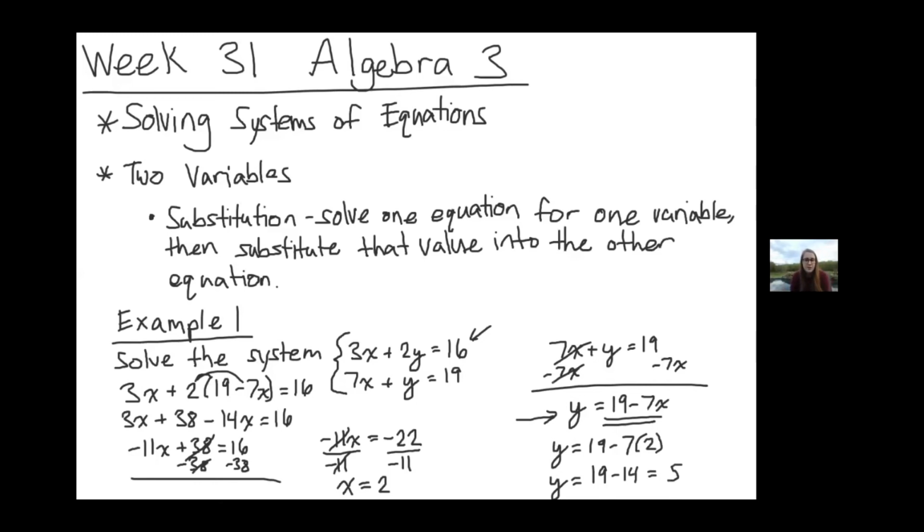Okay, so we have an x value of 2, a y value of 5, and if you remember, we write our solutions to these systems of equations as an ordered pair. X variable, then y variable. So ordered pair (2, 5) is our answer for this one.